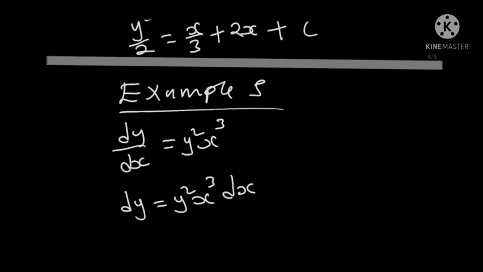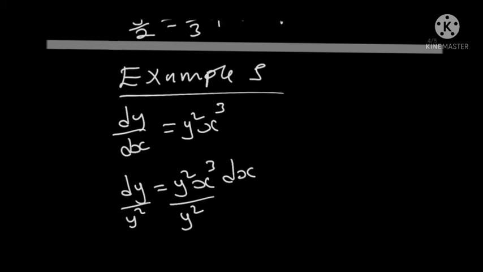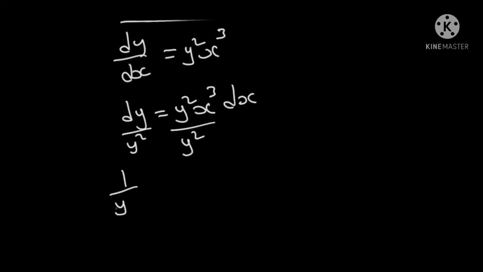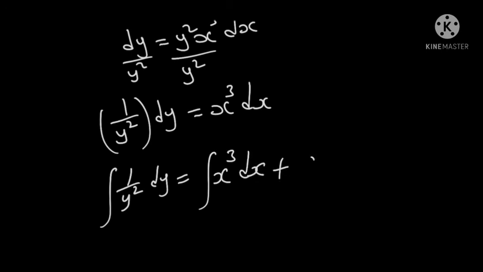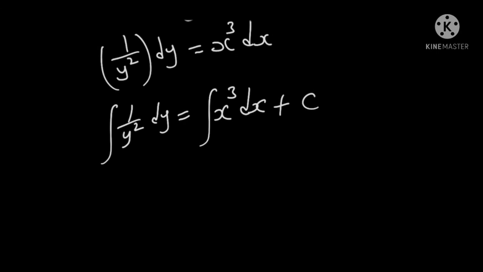Now let's divide both sides by y squared. So we have 1 over y squared dy equals to x cubed dx. Since we have separated the variable, we can now integrate both sides. Integral of 1 over y squared dy equals to integral of x cubed dx plus constant of integration.